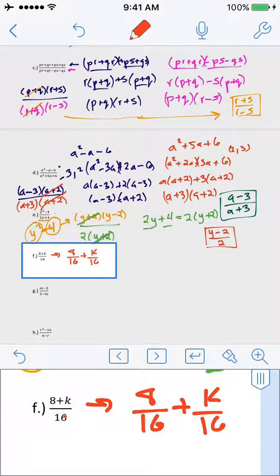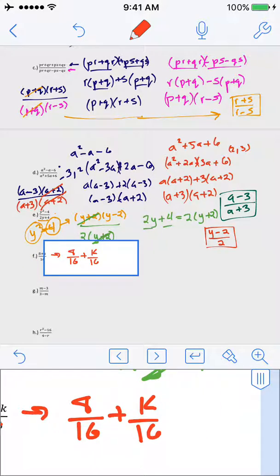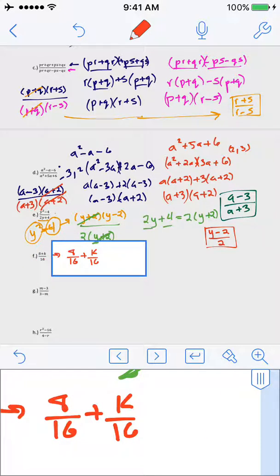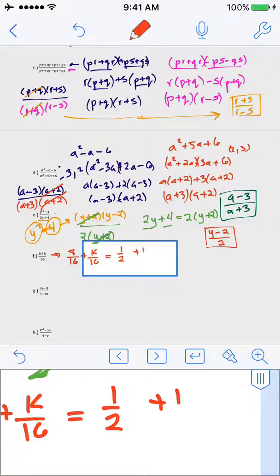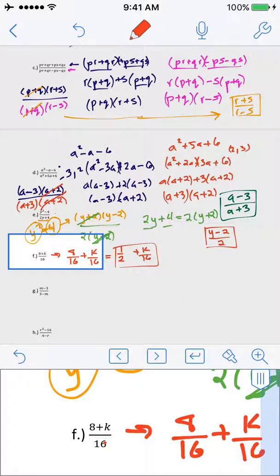It's a little cheater's way. This isn't the most ideal. We actually do want to keep things in one fraction if you can. But if you needed to split it up, you could split it up like this, and then you could reduce the first one to 1/2 plus k over 16. Where you would need this, honestly, I don't know. So if you wanted to just call this simplified form, you would not be wrong.